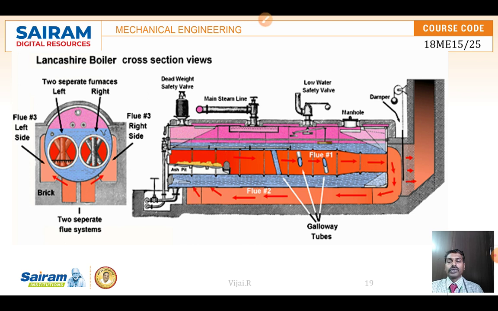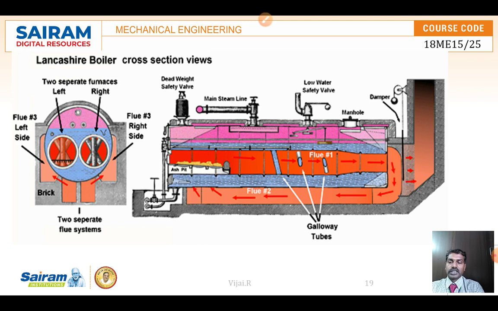The hot flue gases pass through the bigger tubes, that is, the Galloway tubes. Baffle plates make the hot flue gases pass very slowly and heat the water, so the water becomes steam. The pink area shown here is the steam.